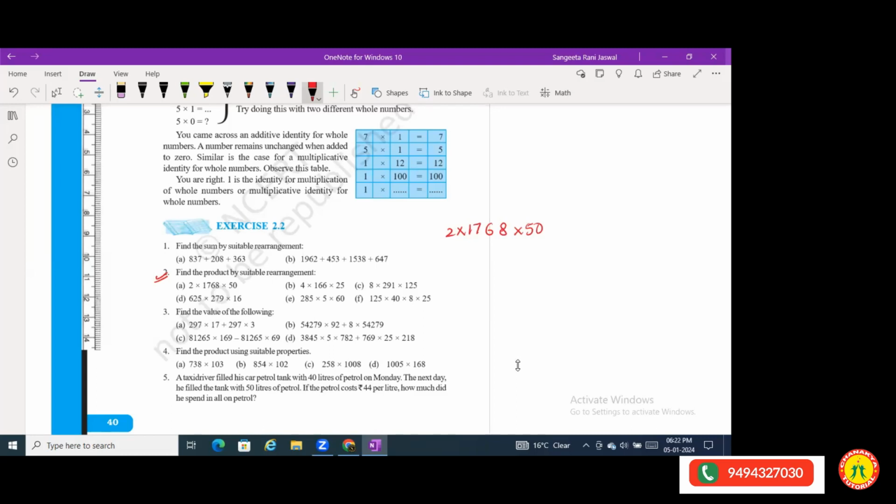It will not have 0. So if I multiply 2 with 50, I know multiplying 2 with 50 will give me 100. Yes, Ashwath? And then I can multiply that 100 with this big number. So what I get? 1768 and 2 zeros at the end.